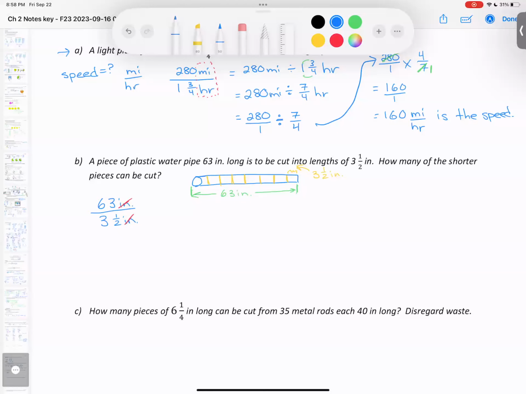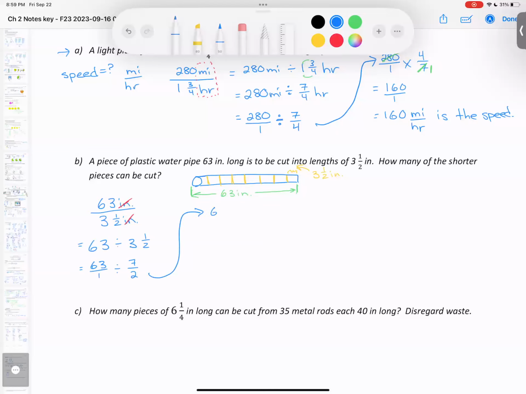All right, so we can go ahead and divide this fraction. So this is the same as 63 divided by 3.5, which is 63 over 1 divided by, let's convert to an improper fraction there. So 2 times 3 is 6 plus 1 is 7, so 7 over 2. And now let's flip and multiply.